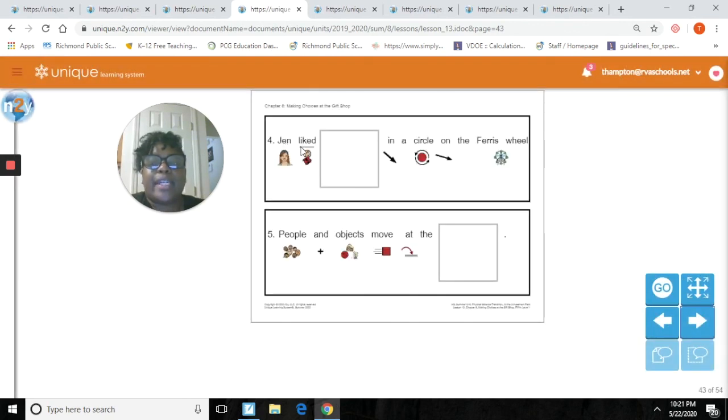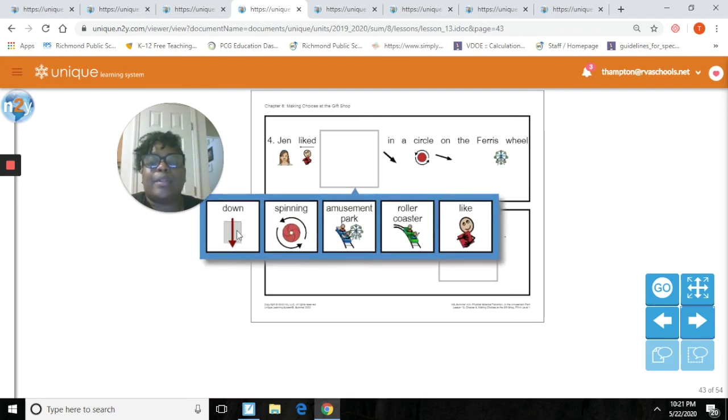All right, so Jen liked something here, and that's our blank, and a circle on the Ferris wheel. Let's see what our choices are. Down, spinning, amusement park, roller coaster, like. Make a choice. Now don't forget, we have to go to the part of the story that talks about who, Jen, and what she liked. Okay? So let's do that.